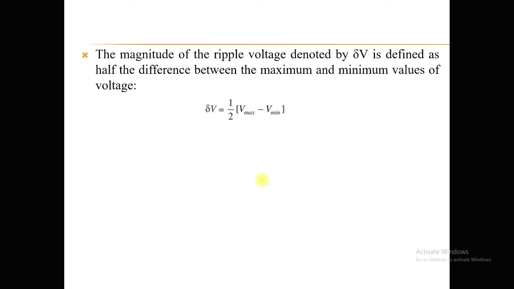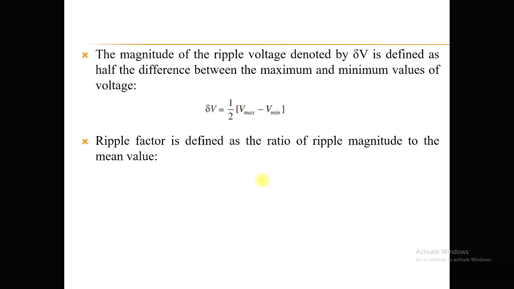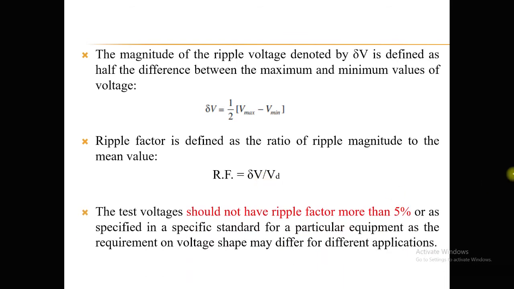So to remove these ripples, we need to connect the capacitor at the output terminals of the rectifier circuit. The ripple factor is defined as the ratio of ripple magnitude to the mean value. So when I take the ratio of delta V to the mean voltage, I get the ripple factor. This ripple factor should not be more than 5%. If we are not taking the case of the capacitor, then the ripple factor will be pi by 2.